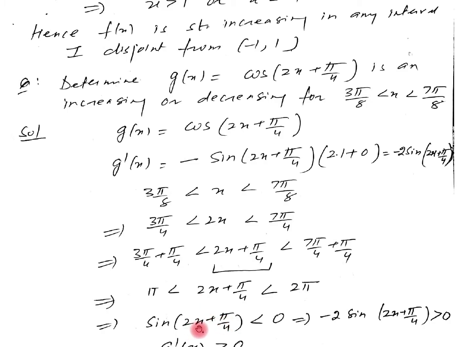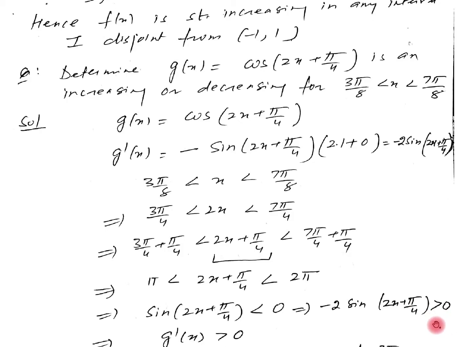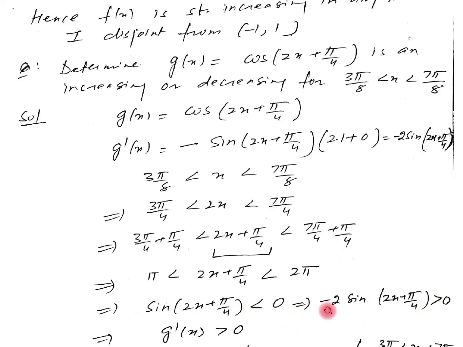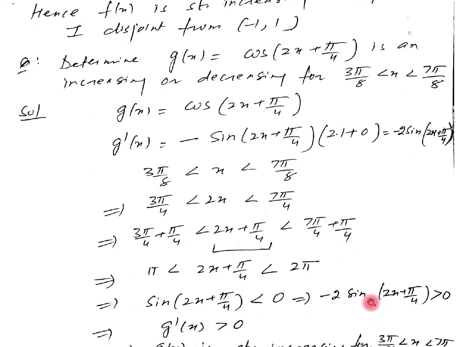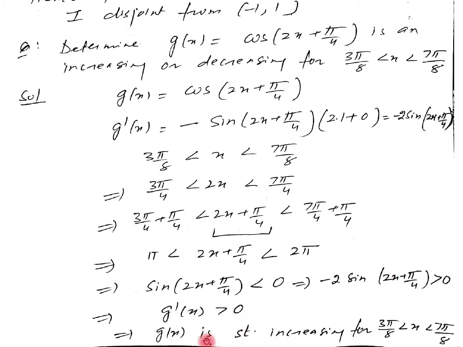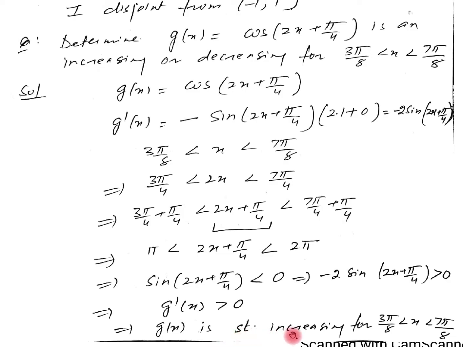Therefore sine of (2x plus pi by 4) is less than 0. If this is less than 0, then minus 2 into sine (2x plus pi by 4) must be greater than 0, because when we multiply an inequality by a negative sign, the inequality changes. So minus 2 into sine (2x plus pi by 4) is greater than 0. It means g dash x is greater than 0. So we can say g(x) is strictly increasing in this interval.